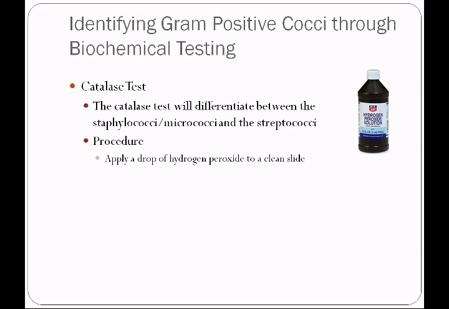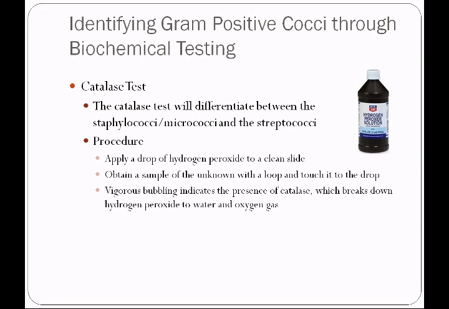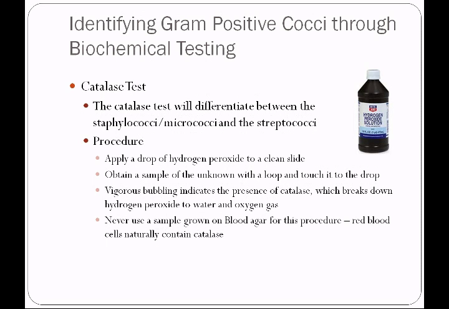You'll take a sample of the unknown using a loop and simply touch it to the drop. Vigorous bubbling indicates the presence of catalase, which breaks down hydrogen peroxide to water and oxygen gas. Never use a sample grown on blood agar for this procedure. Red blood cells naturally contain catalase and you'll get a false positive result.